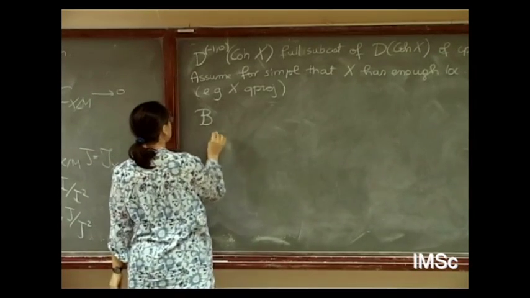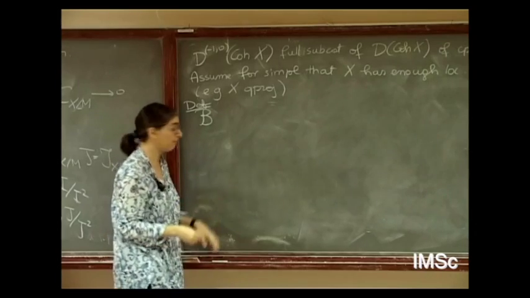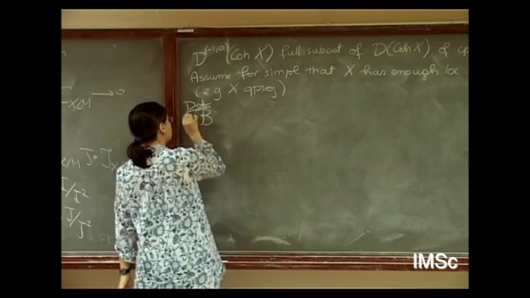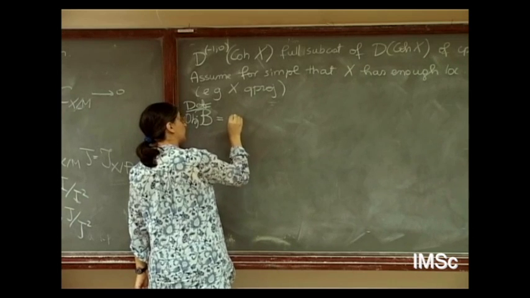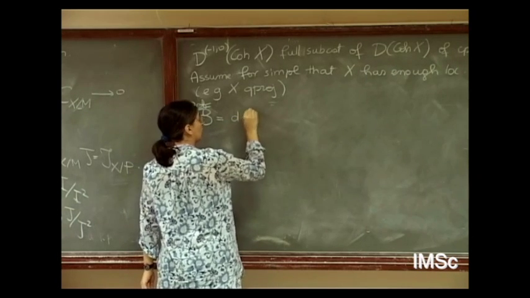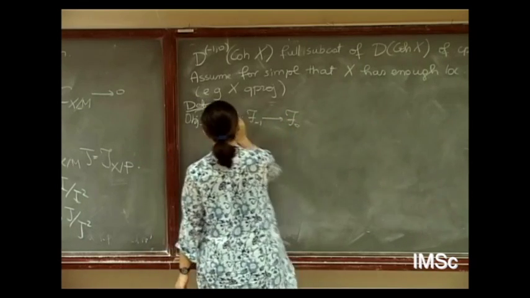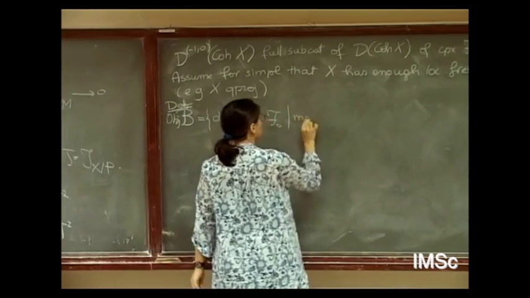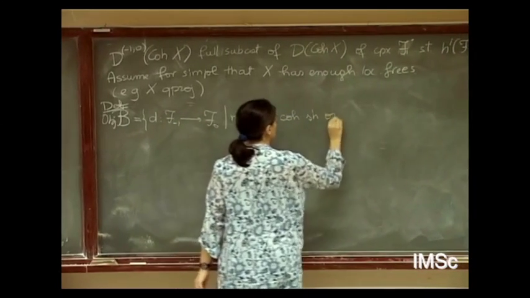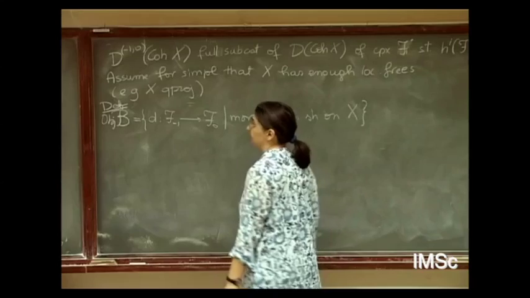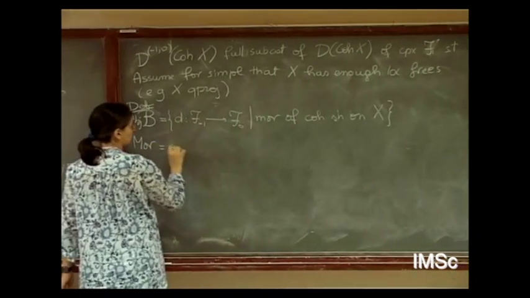So let me define a category B for baby example, where the objects are morphisms d from F^-1 to F^0, morphisms of coherent sheaves on X. And the morphisms are the commutative diagrams.